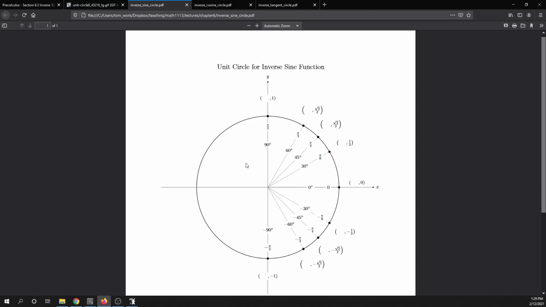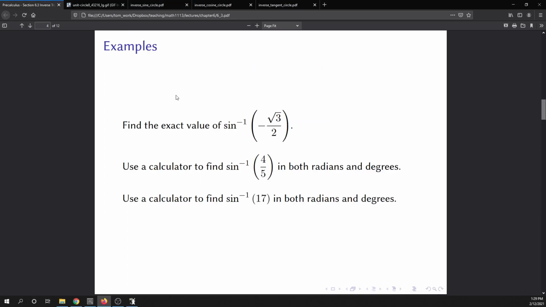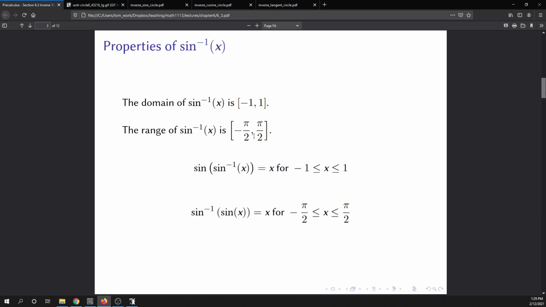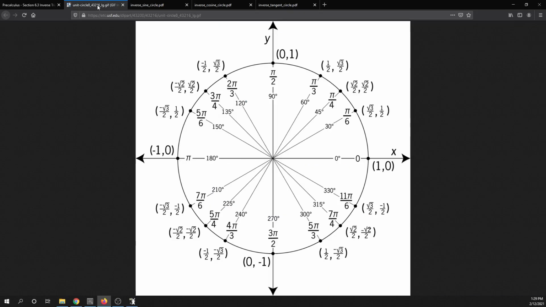You can see for the inverse sine, I don't even have the angles over here because it doesn't matter for the inverse sine. The inverse sine is always going to give you an answer from minus pi over 2 to pi over 2, because that's the range of the inverse sine. So that's where the answer is always going to be.